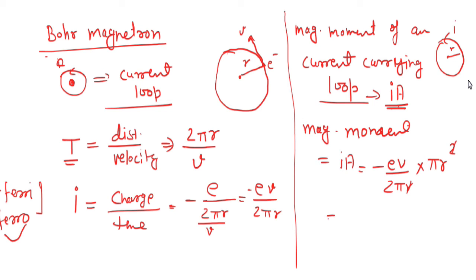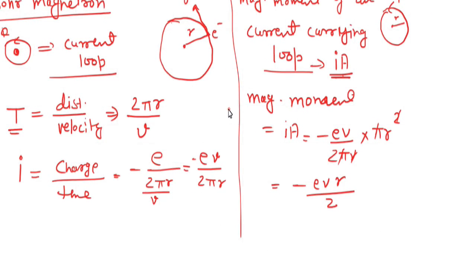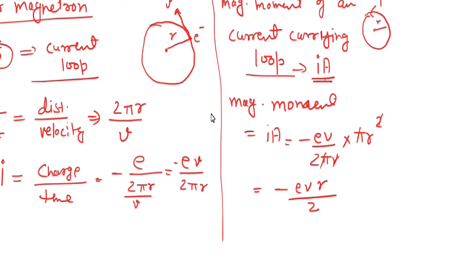This will be cancelled out. So you will be remaining with minus evr divided by 2. So this is the magnetic moment for an electron in orbital motion.